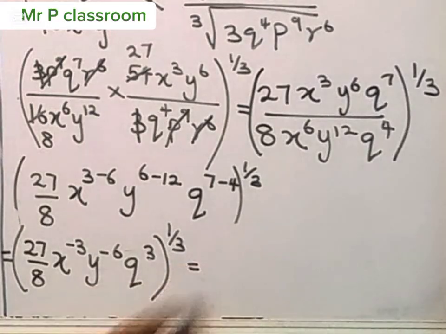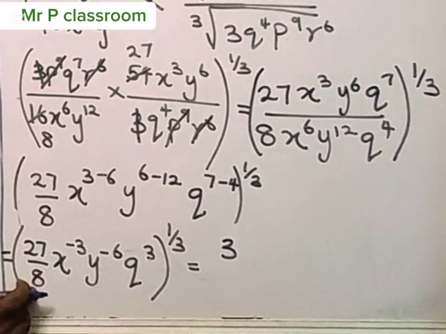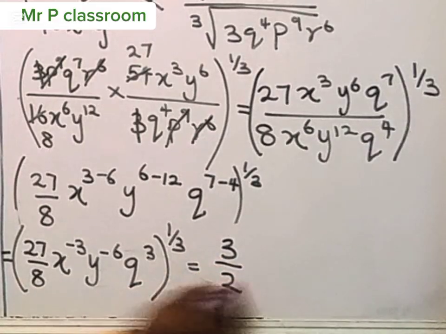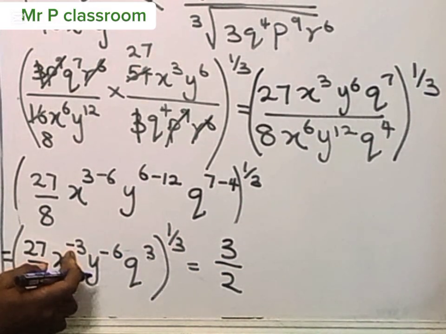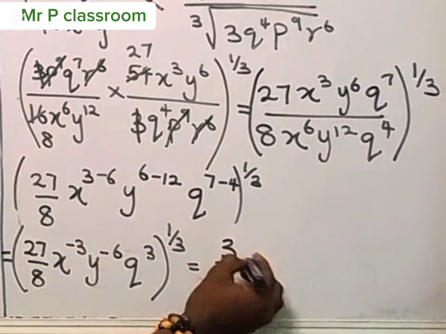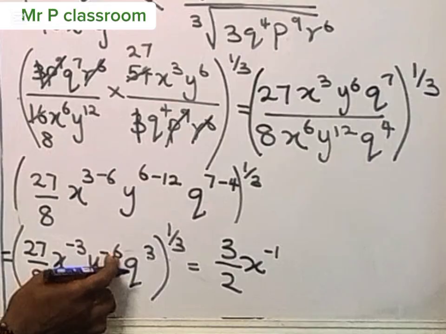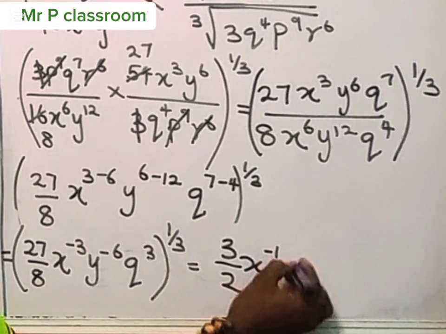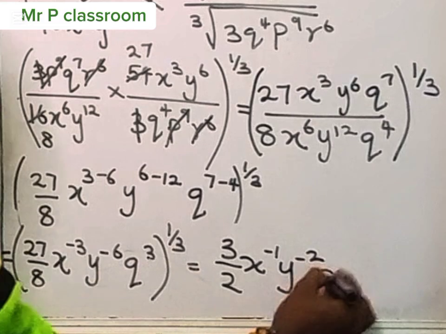I can easily find it. What is the cube root of 27? 3. What is the cube root of 8? 2. When you multiply 1 over 3 times x raised to the power of minus 3, I will have x raised to the power of minus 1. Minus 6 times 1 over 3 will give me minus 2, and 3 times 1 over 3 will give me 1.